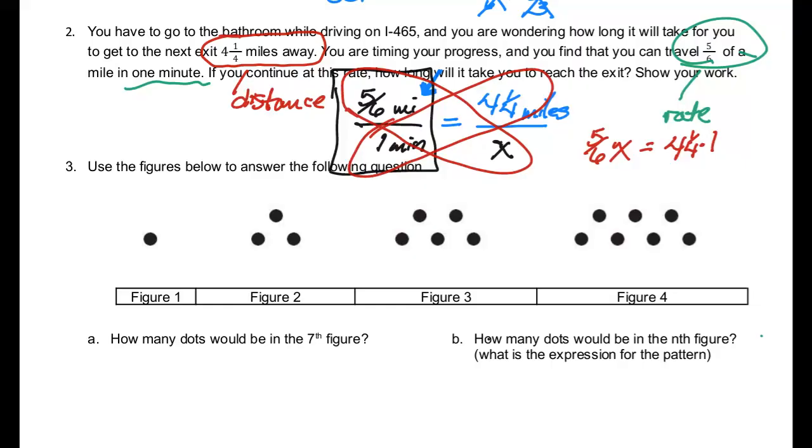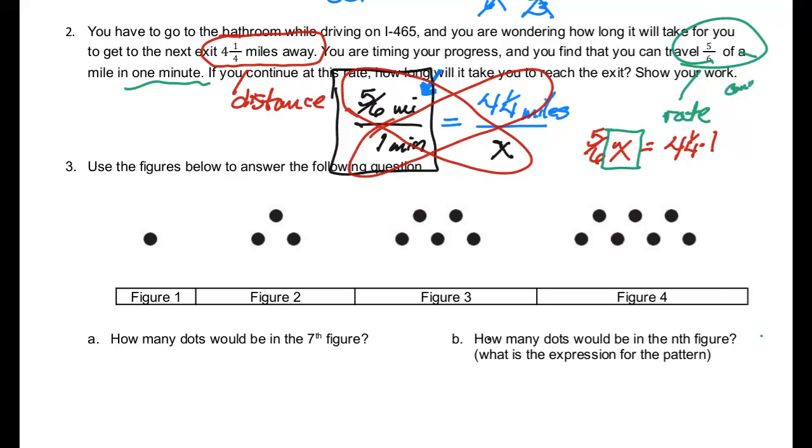So how do I get X by itself? What is happening with X on the side of X right now? It's being added, subtracted, multiplied, divided. Multiplied. So usually we think divide, but we can't divide fractions. What do we do with fractions instead?